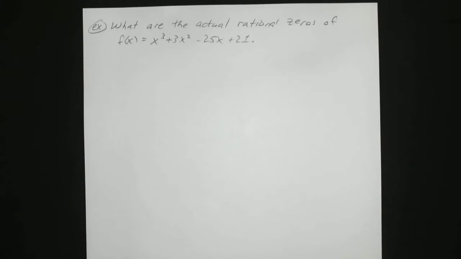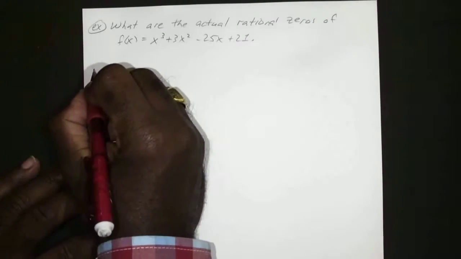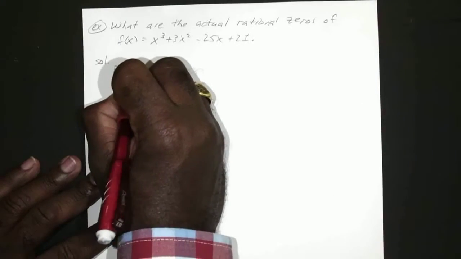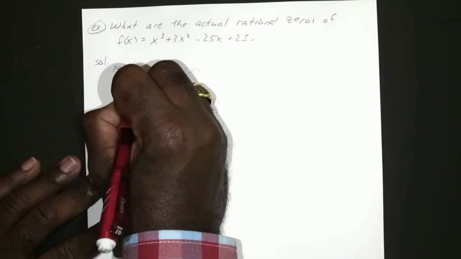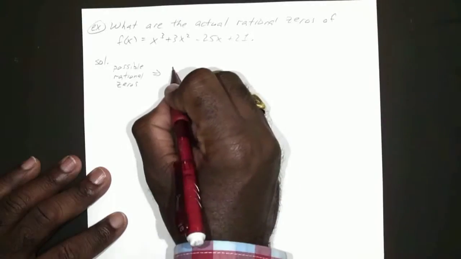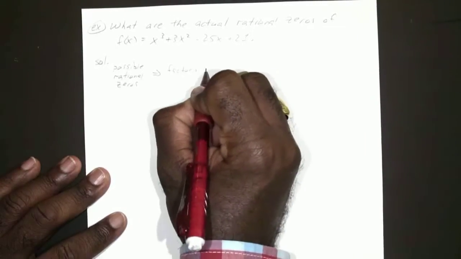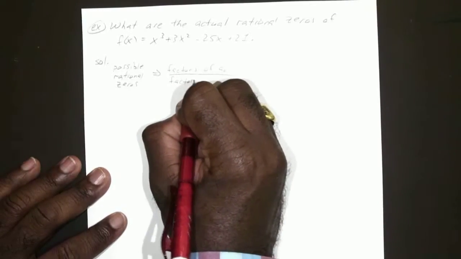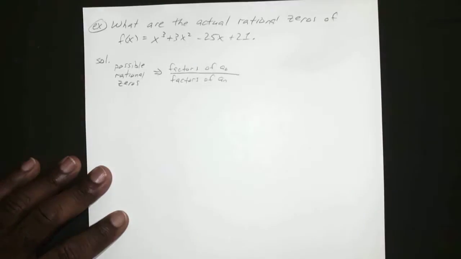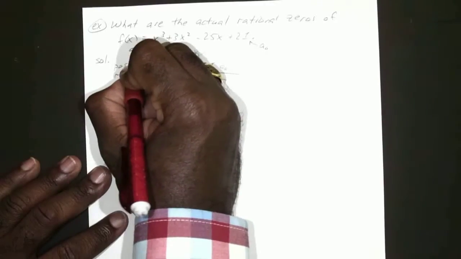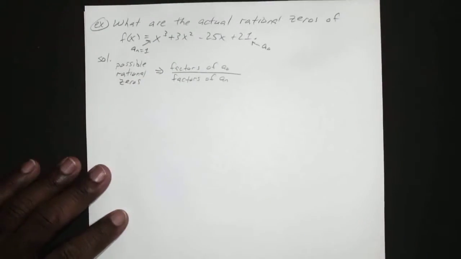The first thing you need here is some k values to plug in, so all of your possible rational zeros. Remember, those are your factors of a sub 0 over your factors of your lead coefficient. So remember, this is your a sub 0. Your a sub n is going to equal 1 for this one.